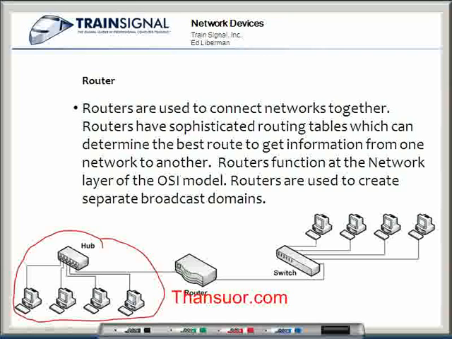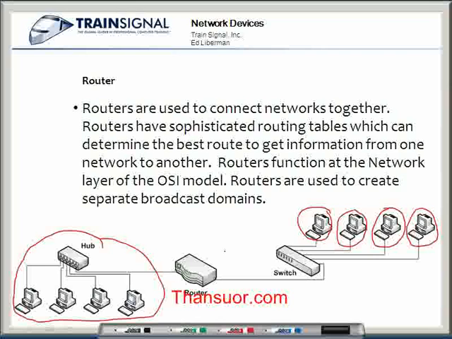So this right here is a collision domain. On this side, I have a switch that has 4 individual computers connected to it. So each one of these circles that I'm making is its own collision domain. Okay, so that's just collision domains.